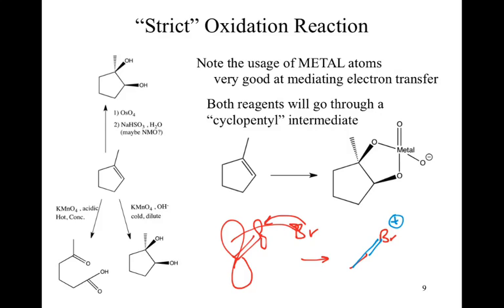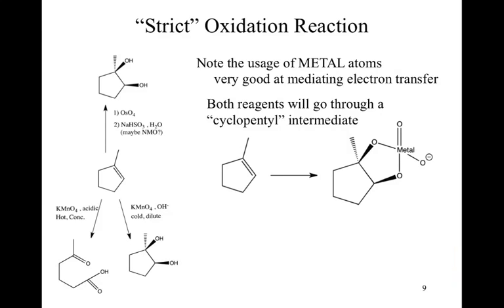We wouldn't be able to draw it in such a way that we could have the bromine up, and one of our bonds going up, and then the other bond comes in from the bottom because of the spatial arrangement. The metal complex has a little bit more leeway as far as that arrangement, but it's still not going to be able to go trans across the double bond. It still needs to be cis. Okay. Hopefully that kind of makes sense.